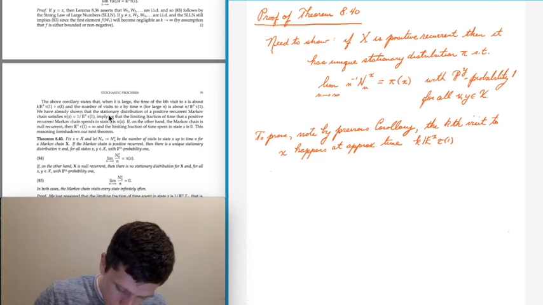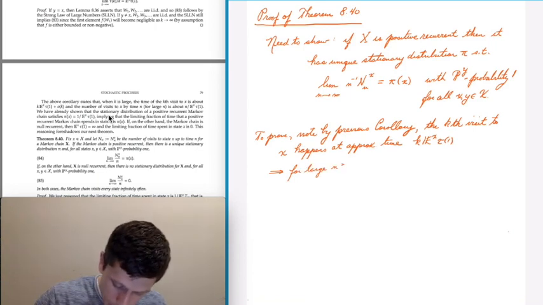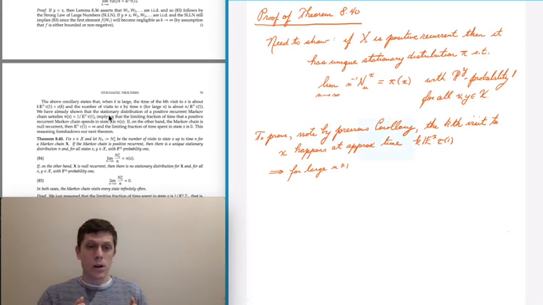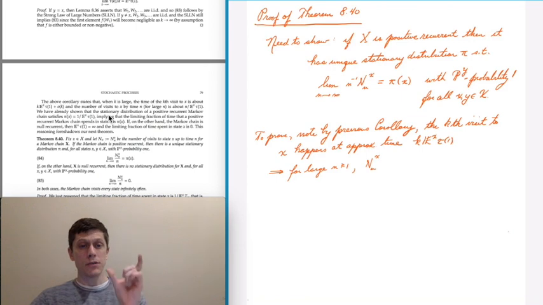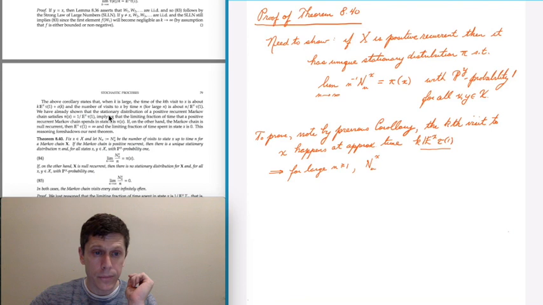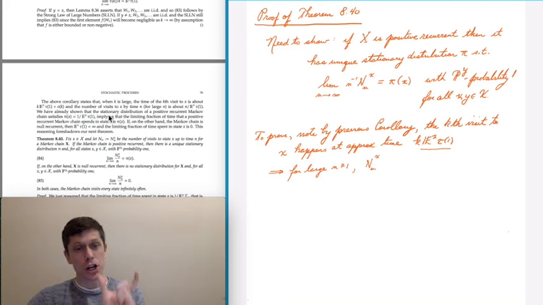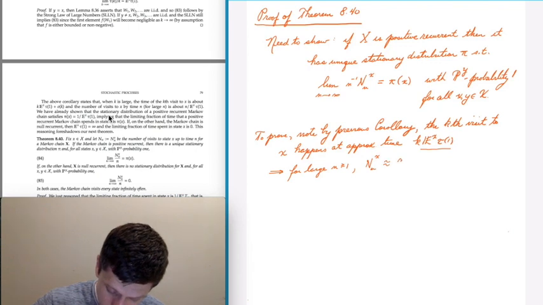But this implies for large values of n, so if we have a large time n in the future, then what we might ask is, how many times have we visited state x by time n? Well, we know that each visit takes us about this expectation amount of time. And so how many chunks of that time have occurred up to time n? This is approximately n divided by this expectation.